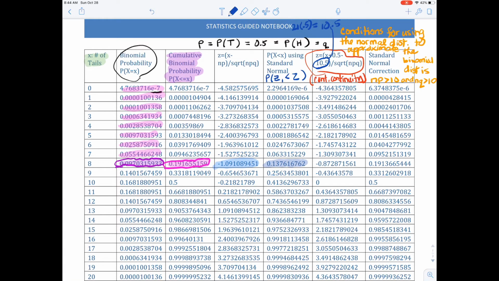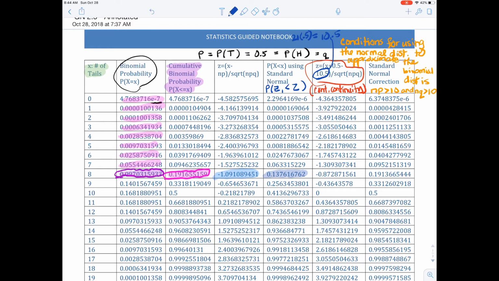So we're adding 0.5 to each individual x value. Remember, the x means number of tails. Then we subtract our mean, and we're dividing that by the square root of n times p times q, which is our standard deviation. And so now we've got this change, and look what happens.